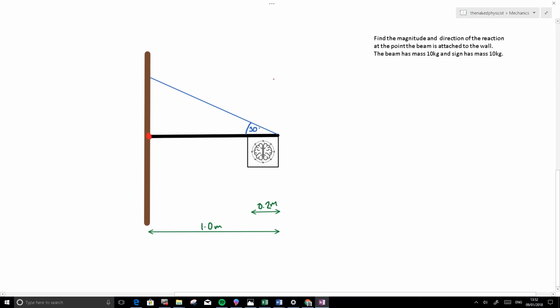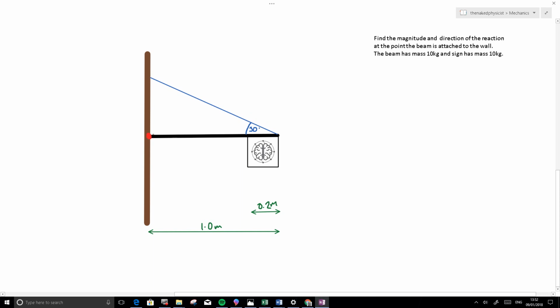Now we can assume that this point here is a hinge to all intents and purposes, because one of the conditions of being in equilibrium is that there is no moment about any point on the system. And so we know that the weight of the sign acting down through the centre of the sign, and the weight of the beam acting down through the centre of the beam, are both going to create a clockwise moment about this point, and the tension will create an anti-clockwise moment.